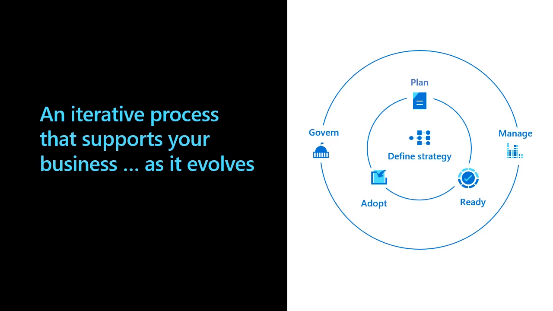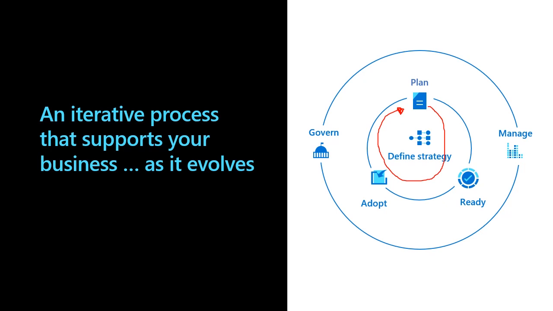This is the reason why, let me use my pen over here, we have a circle around plan, ready, and adopt. Notice that this is an iterative process because this is an ever-changing landscape. Nothing is ever permanent, as we said. If, for example, you're adding a new business or having a strategic change in direction as far as your business is concerned, then you will have to go through this cycle in a repetitive manner.